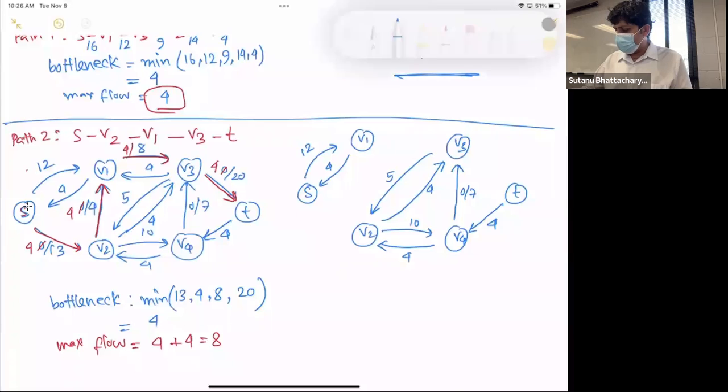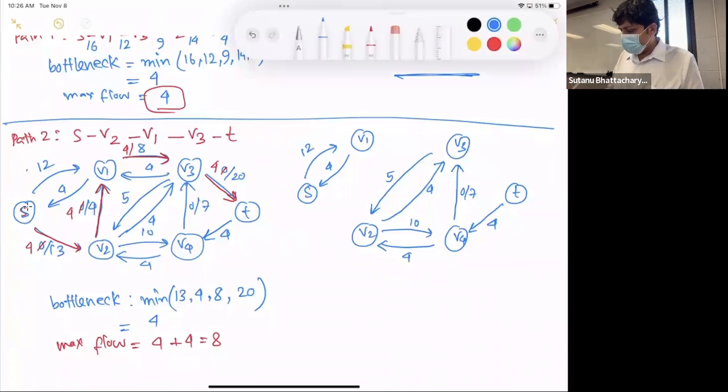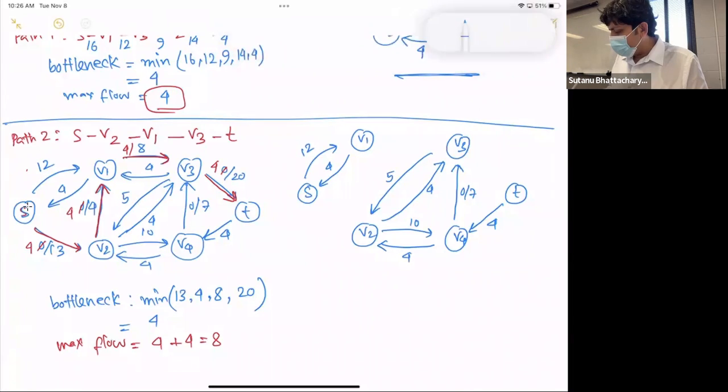Now we need to modify this part. S to V2, what is the forward edge? 9. That is remaining capacity. Keep that in your mind. Forward edge means remaining capacity. Back edge means your current flow. So S to V2, the forward edge is 9. 13 minus 4, that is 9.